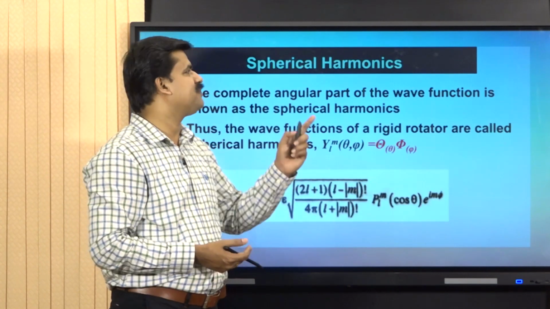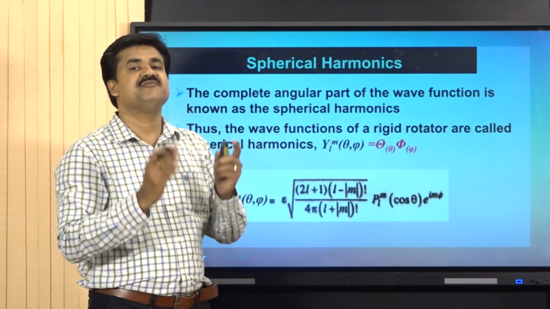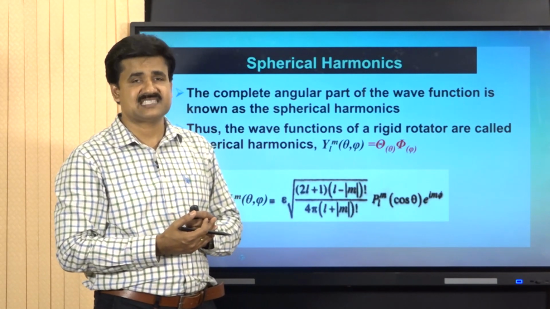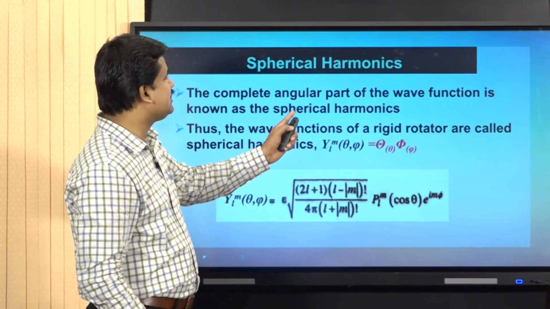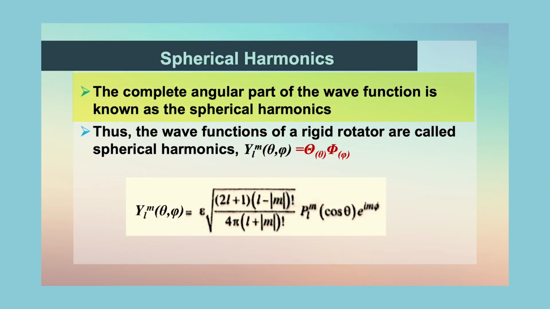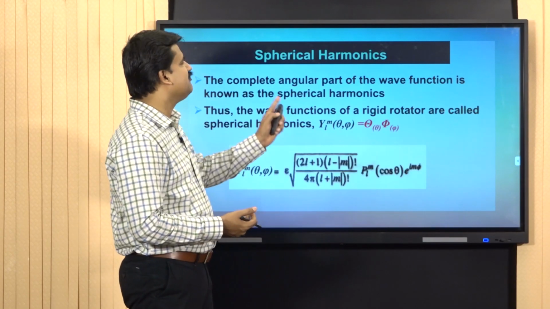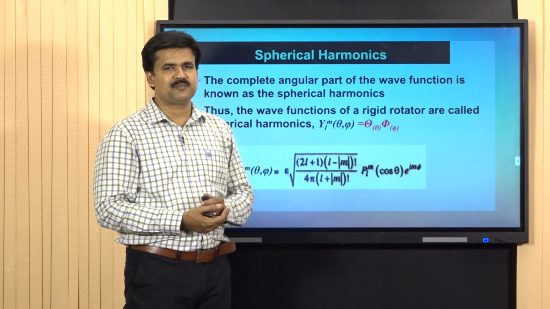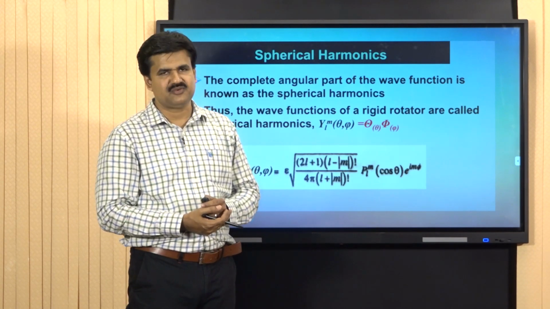Now, spherical harmonics. This is a very important concept as far as the angular part of the wave function is concerned. The complete angular part of the wave function is known as spherical harmonics. Thus, the wave function of a rigid rotator has two angular parts, theta of theta and phi of phi.